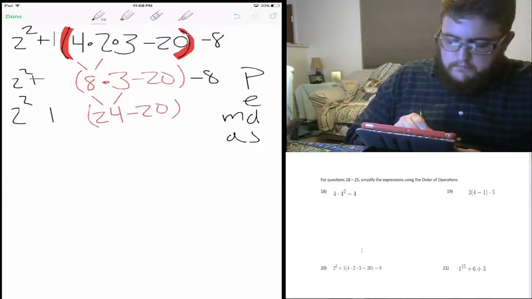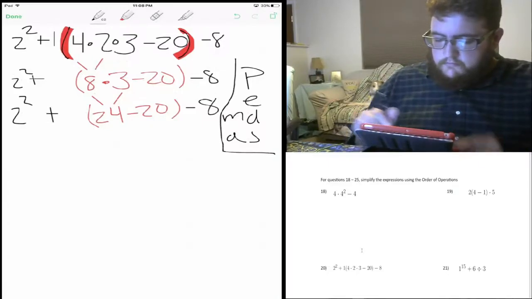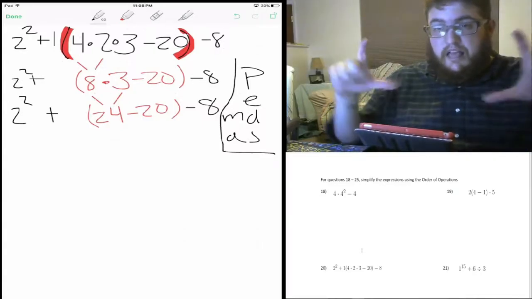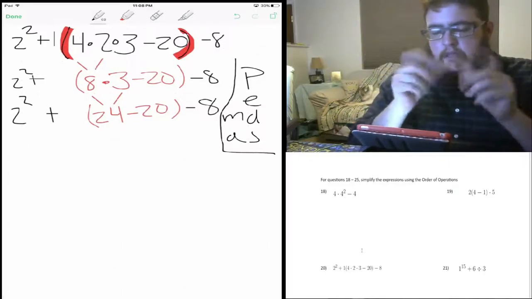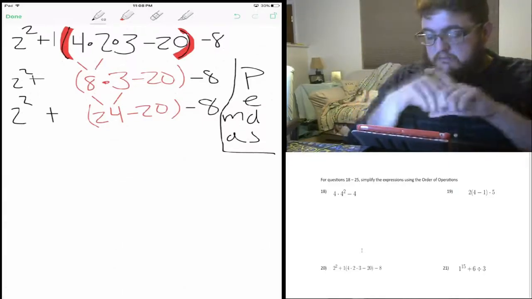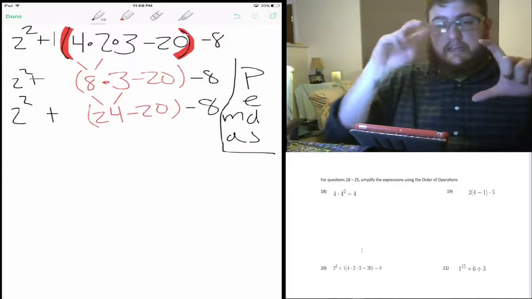We're still working out our parentheses. There are no parentheses in our parentheses, no exponents, and no more multiplication, but we still have addition and subtraction within our parentheses.